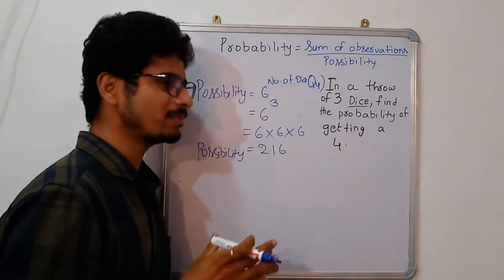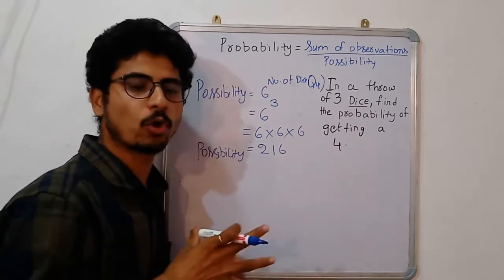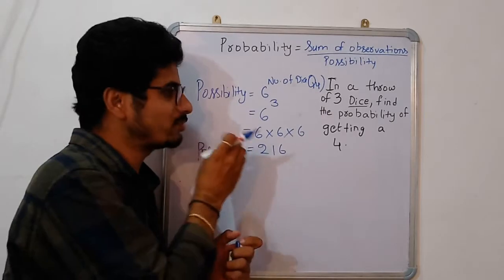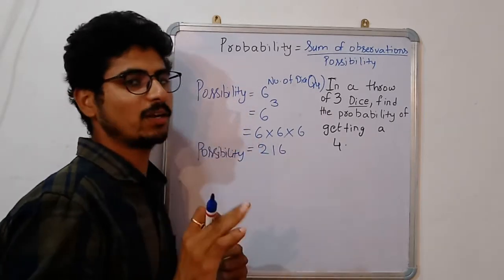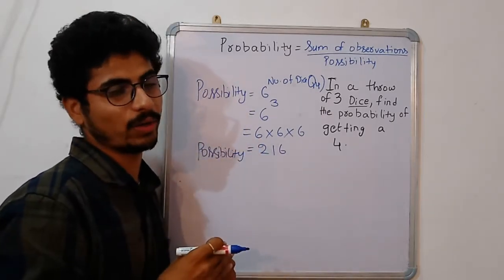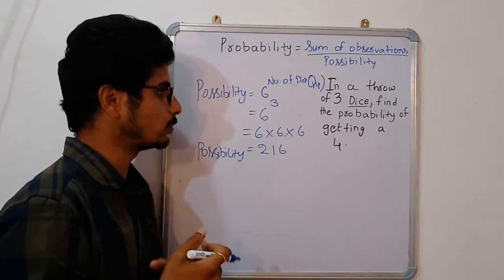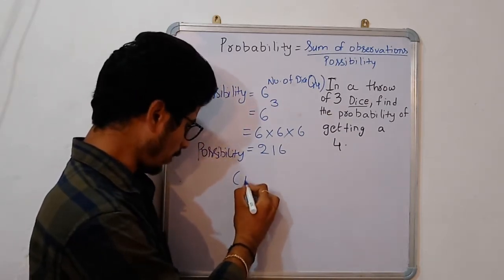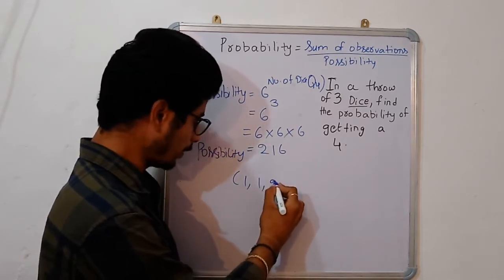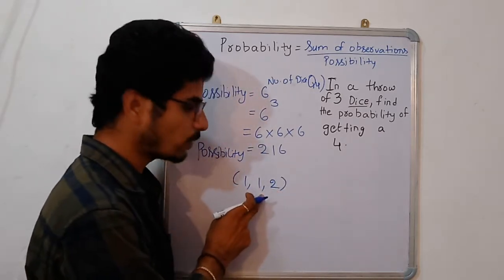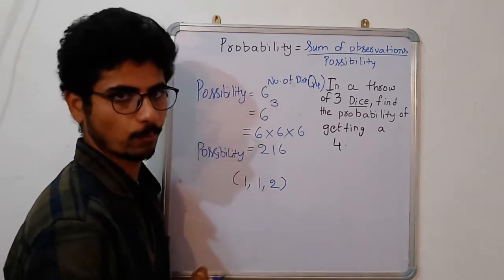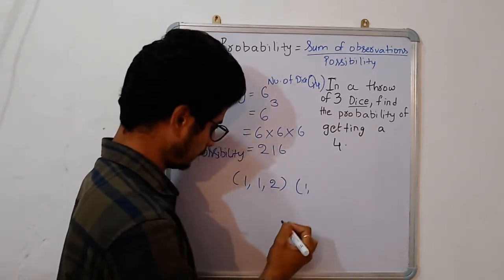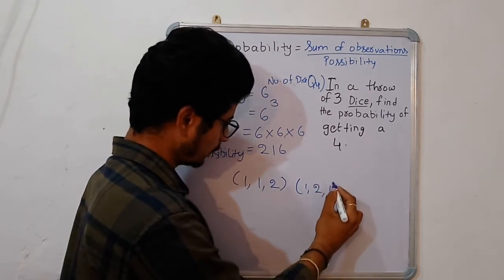Okay, so friends, if we have around 216 combinations, we can't write them all on paper, right? So it's a waste of time. Simply we need to think about which ones give the sum. So let's see what those are. The first combination will be 1, 1 and 2. So 1 plus 1 is 2, 2 plus 2 is 4. Okay, so this is one combination, and next is 1, 2 and 1.